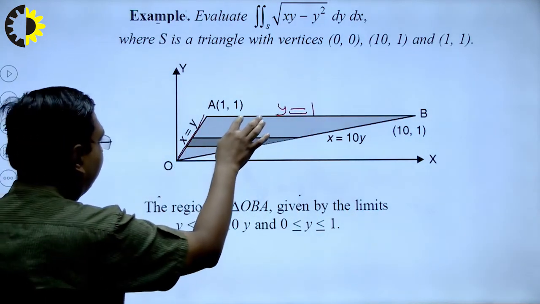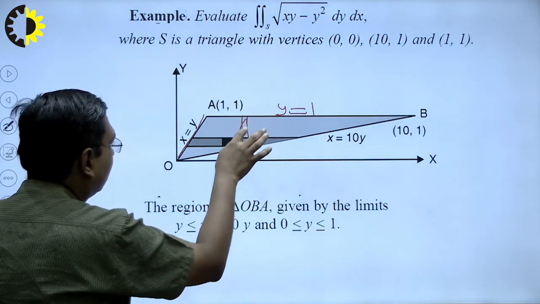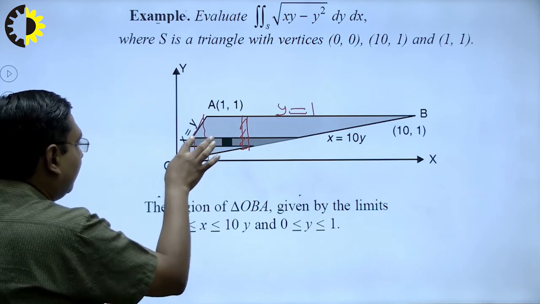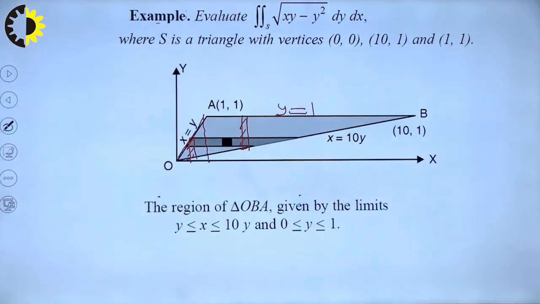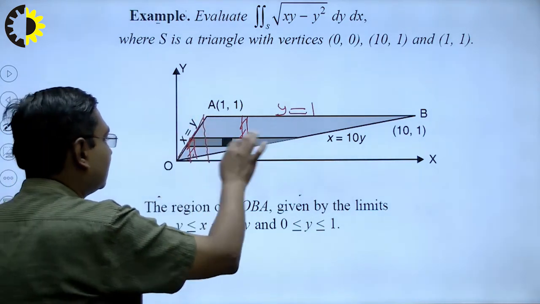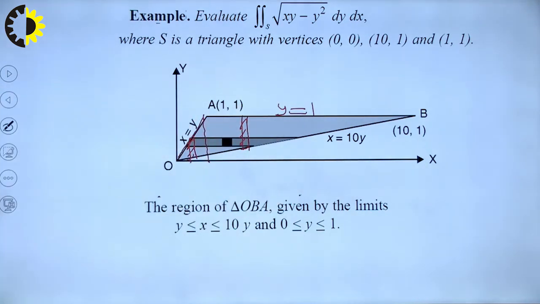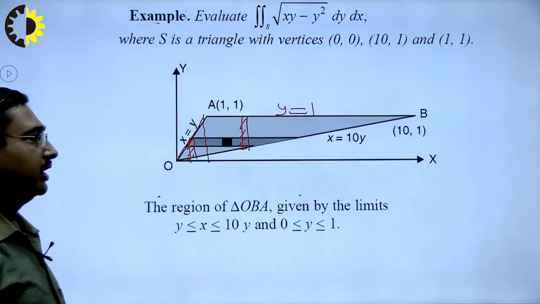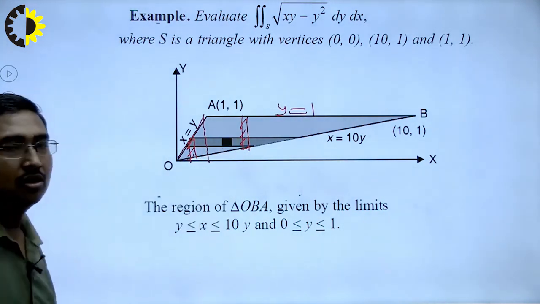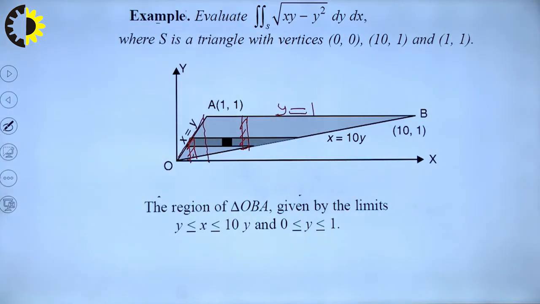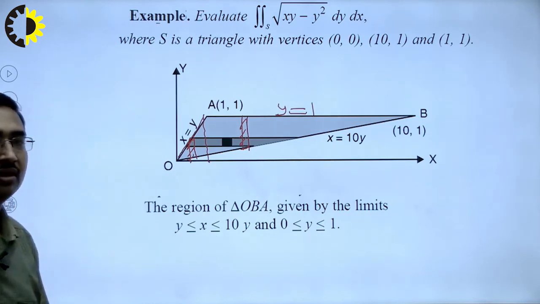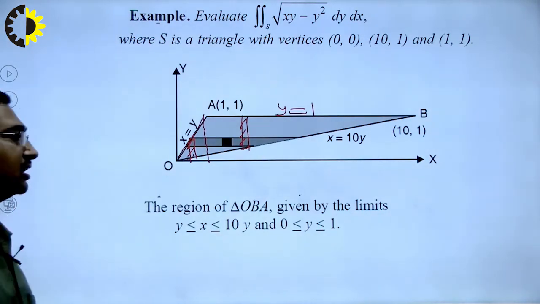Thus, if I divide the region into vertical slices, then I will be required to break the region into 2 slices, and then for each of these regions the limits of x and y will be calculated, and adding up those double integrals I shall obtain the value of this double integral. It is definitely a lengthy approach as compared to this which we have followed, so we are not going to do this in this problem.